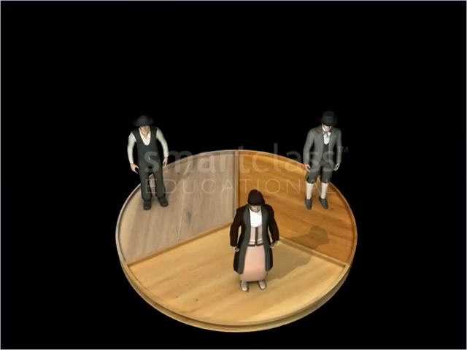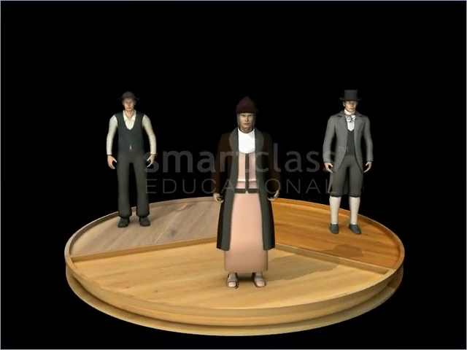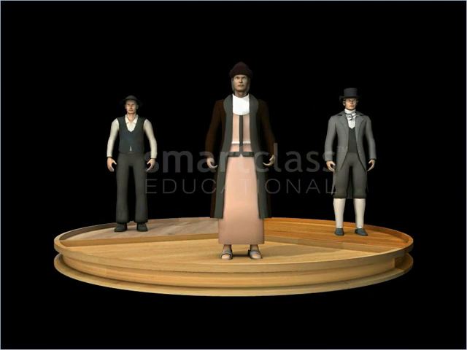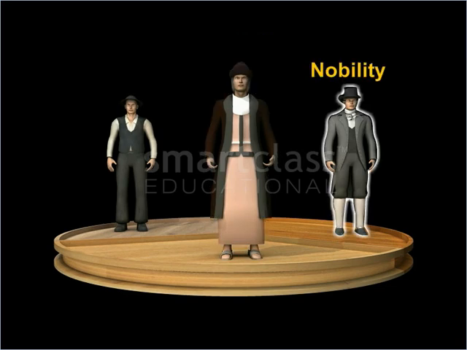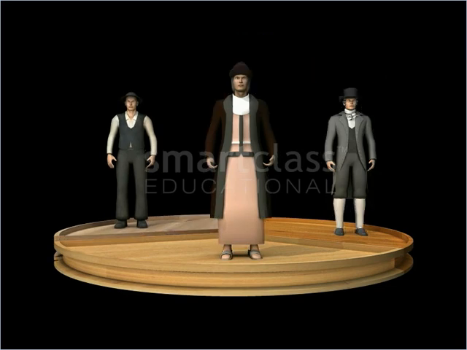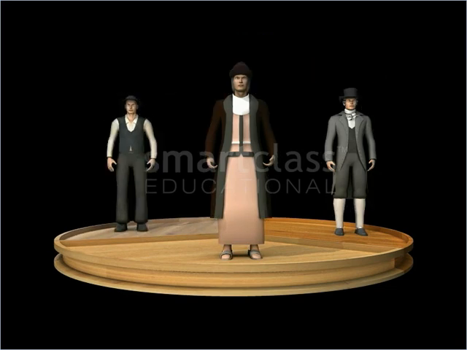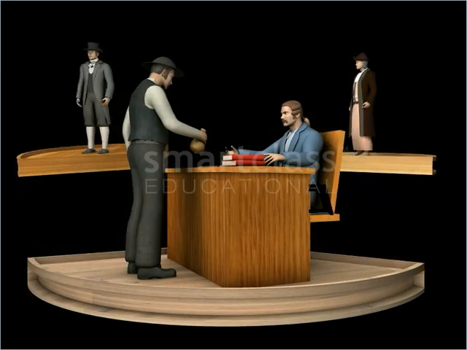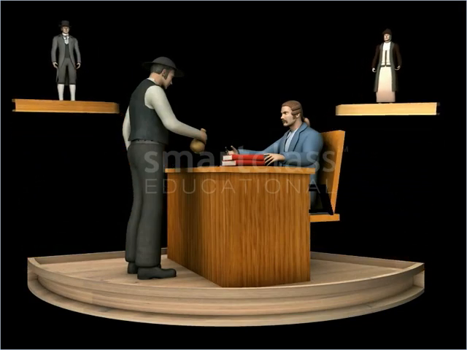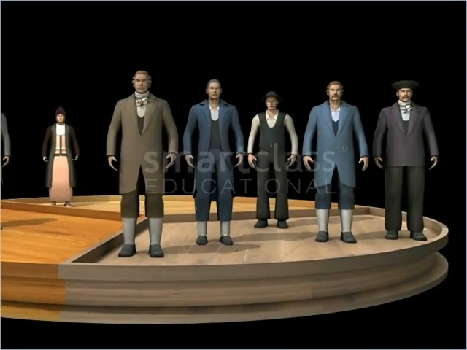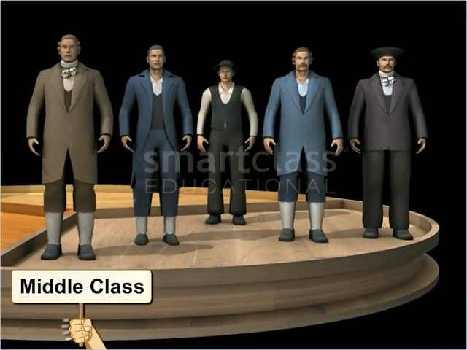Before the 18th century, the French society was divided into three sections or estates. The first and second estate consisted of the clergy and the nobility respectively, while the third estate consisted mainly of peasants. The first and second estates were exempted from paying taxes. The 18th century saw the emergence of the middle class within the third estate.